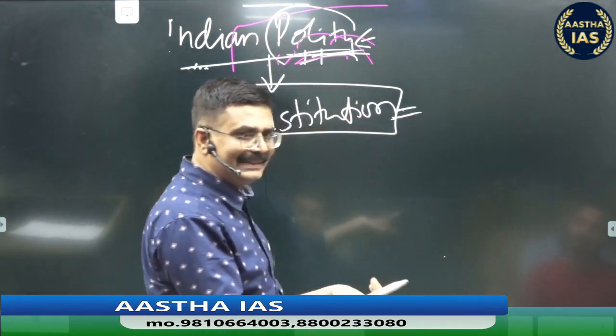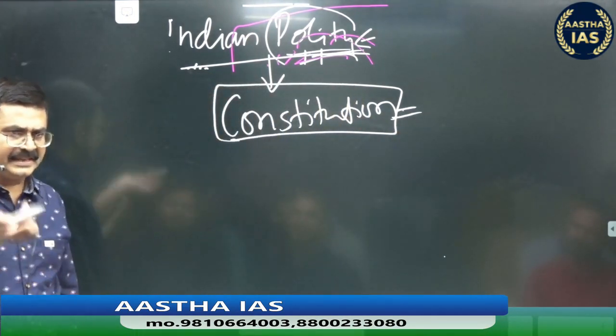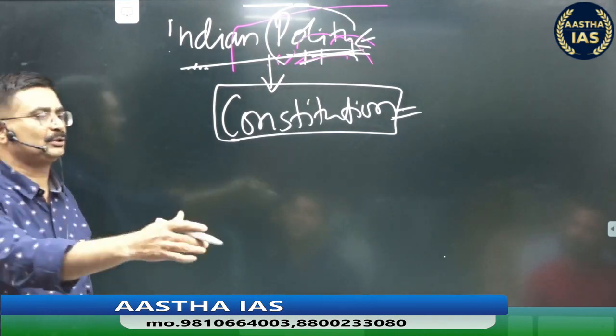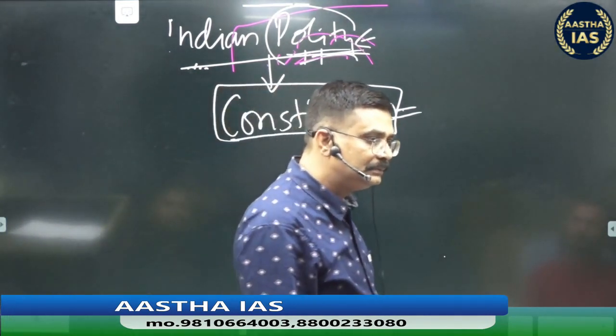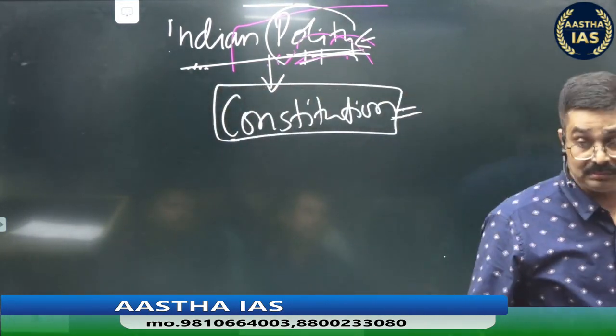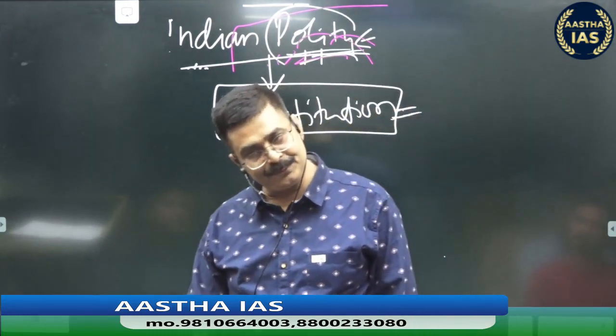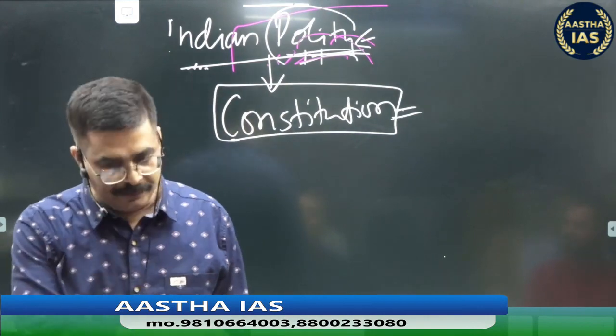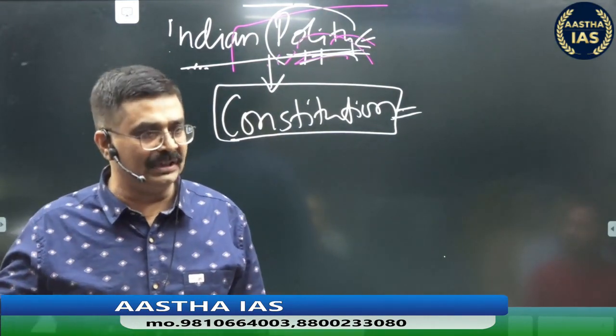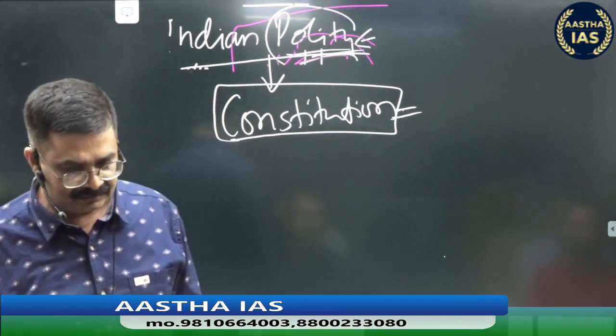Another important thing that we have been knowing since childhood days is that India was a colony of Britain. Now there is a contradiction I find. If you say India was a colony of Britain, the objective of a colonial state is nothing else than exploitation.